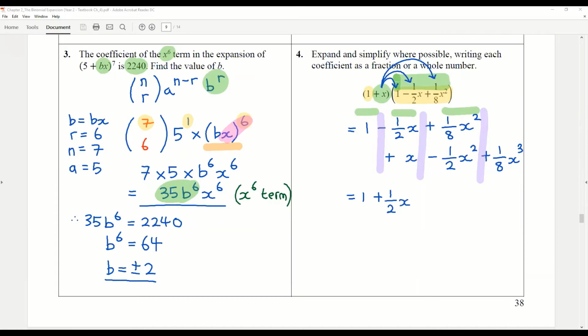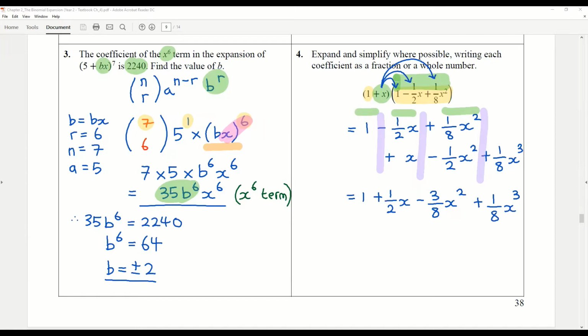We have positive 1/8 x squared subtract 1/2 x squared. Okay, so that's 1/8 subtract 4/8. So that will be negative 3/8 x squared plus 1/8 x cubed. Okay, and we're finished.